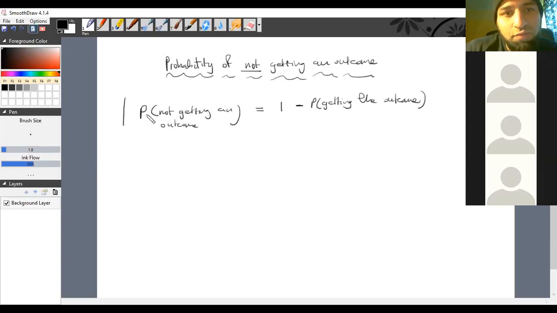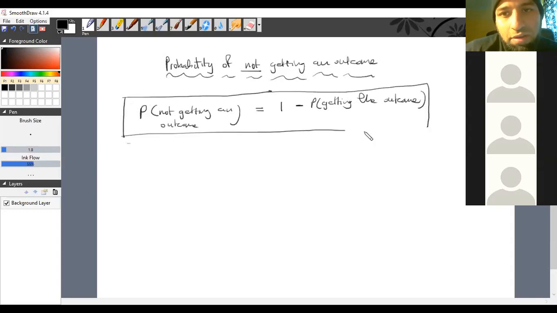That's a very important formula, and I'm going to box it just to let you know that this formula is constant. It won't change. You'll use it over and over and over again. We're going to see how that works in a second.